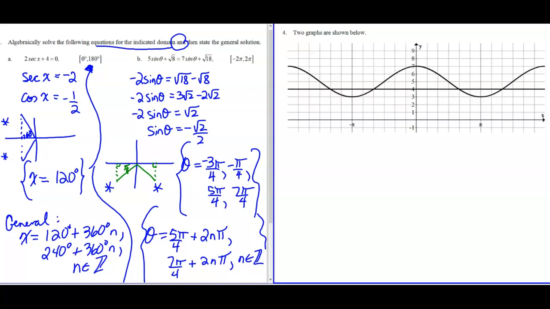Good practice to come up with the equations of lines. It doesn't say you can use sine or cos. Which would be preferable? Cos, because the maximum is on the y-axis.